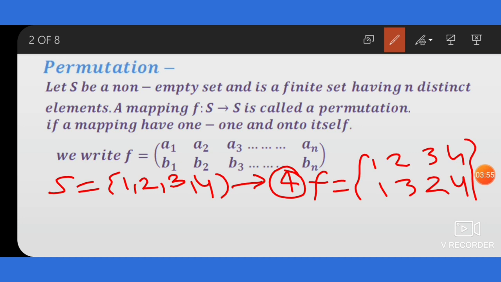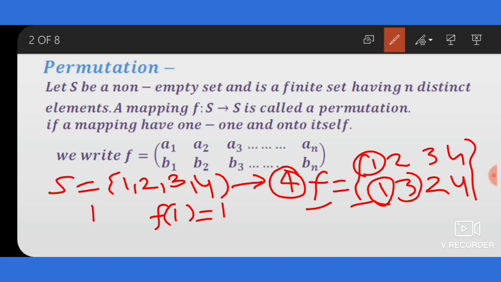Now we take this permutation f. Then 1 in the second row is the f image of the element 1 of the first row, so f(1) equal to 1.